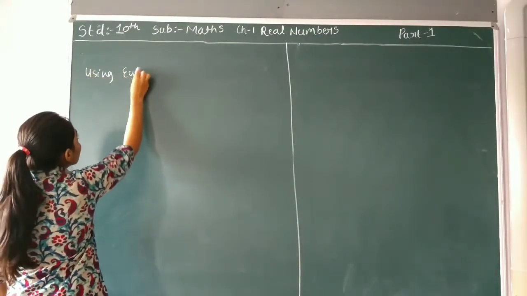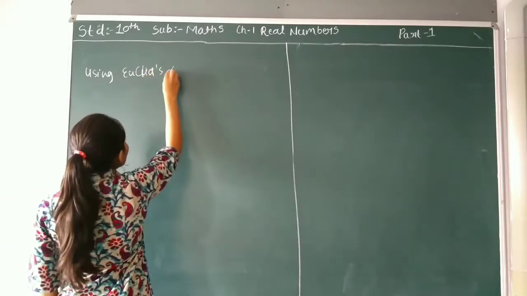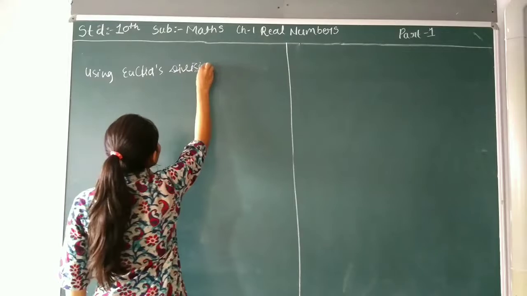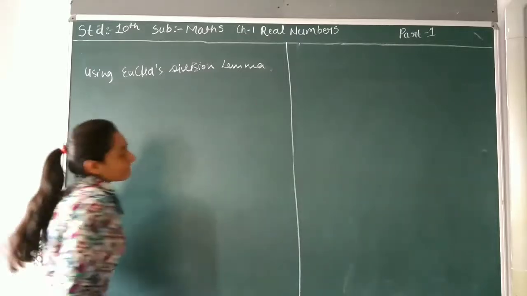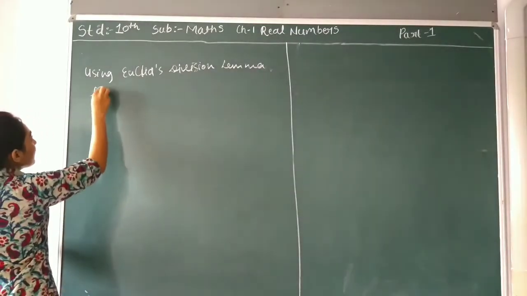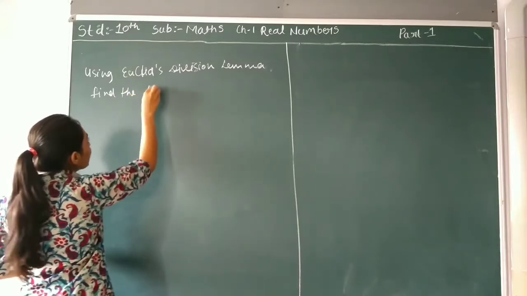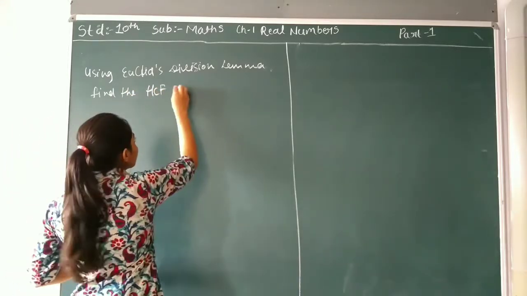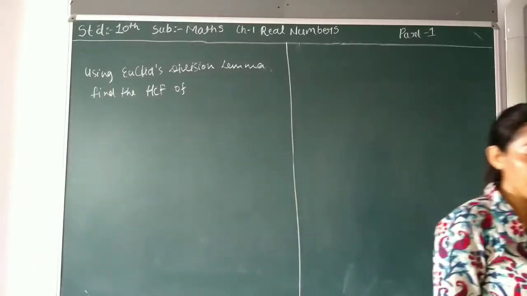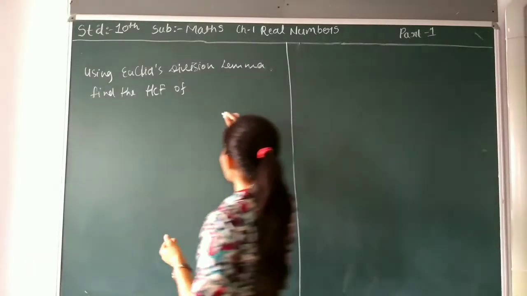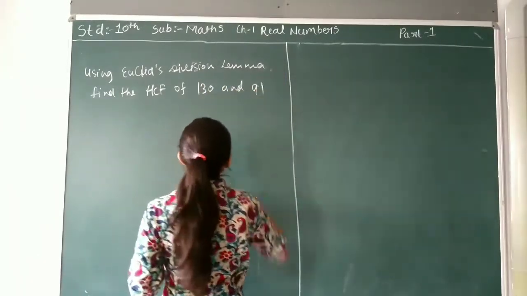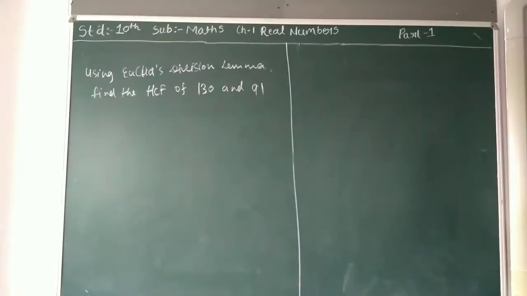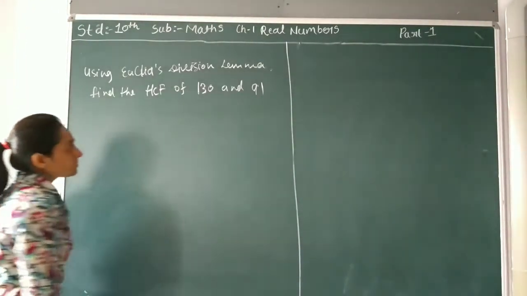Using Euclid division lemma, find the HCF of 130 and 91. Okay, it's again a long division method, we know that.